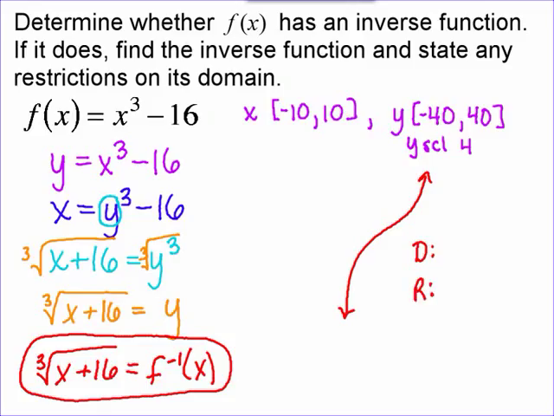The domain was all reals, wasn't it? Everything, and the range was all reals. So those are going to translate to this equation right here. Are there any restrictions on the domain? Nope, there's not. Domain is left and right, range is up and down.